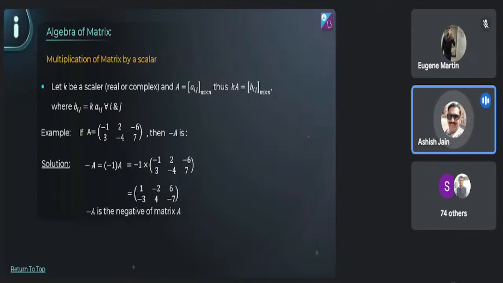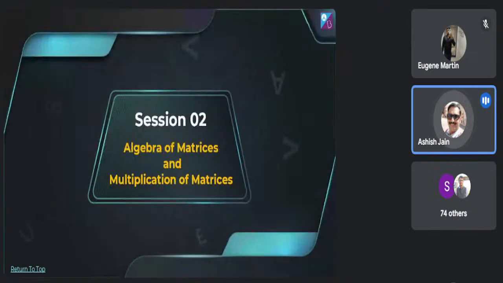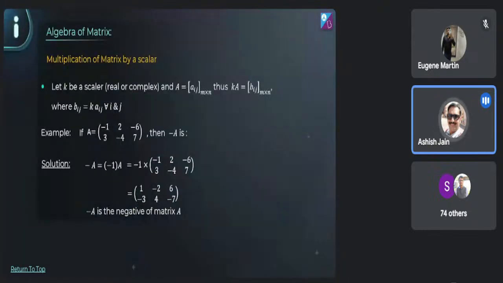In this way, I have created a negative matrix, which is simply obtained by multiplying each and every element of a matrix by -1. Right? So I am multiplying a constant value with all the elements of a matrix. This is called scalar matrix multiplication, or multiplication of each element of a matrix by a constant value.